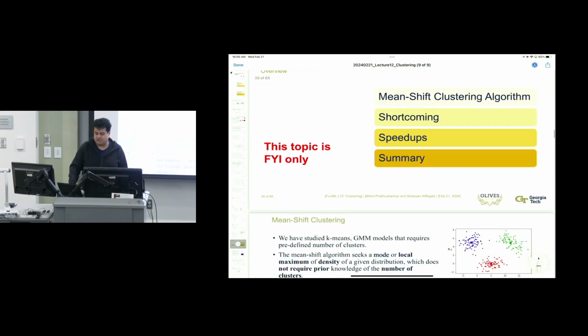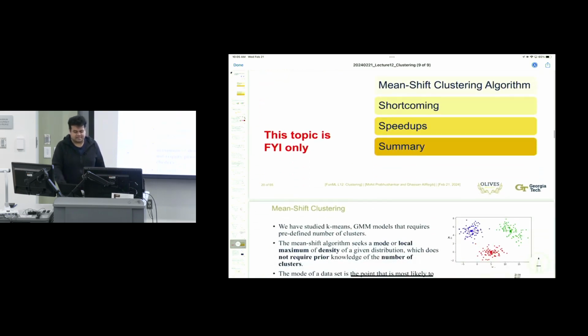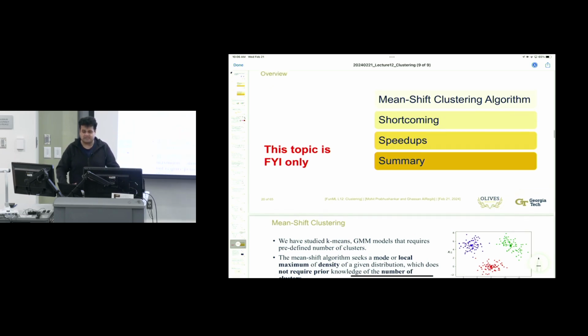Next, there's something called the mean shift clustering algorithm. It's a little more complicated than GMMs. The problem with k-means clustering and GMMs is that you need the k value beforehand, meaning you need to be given the number of clusters to divide your data into. But the mean shift algorithm removes the need for that parameter k and finds k by itself.